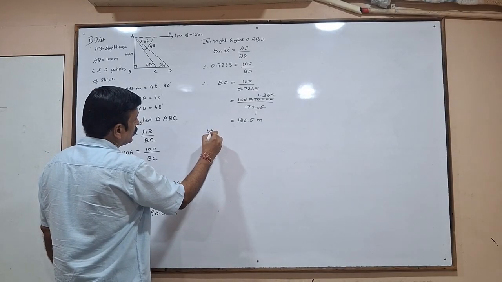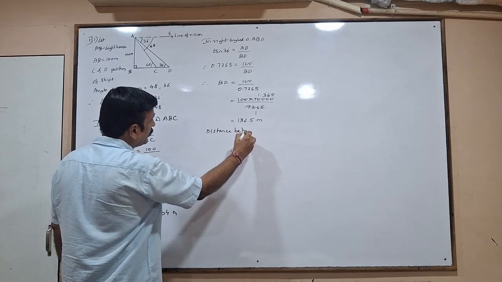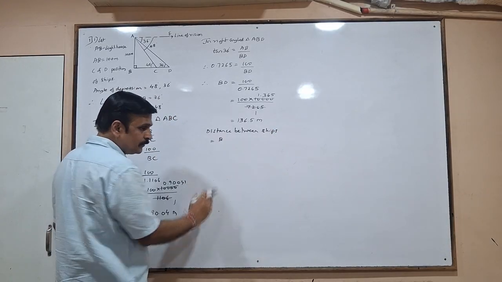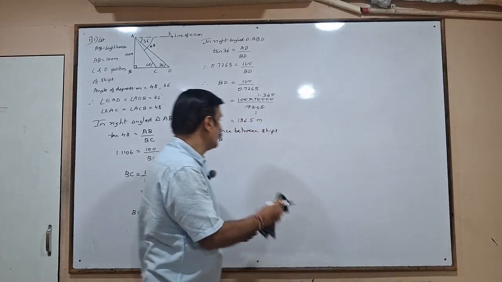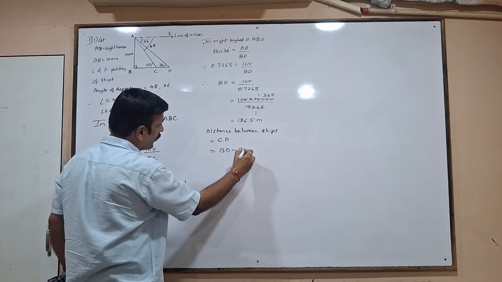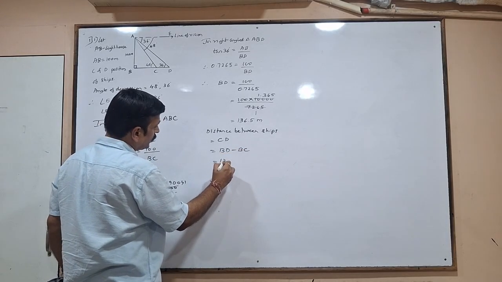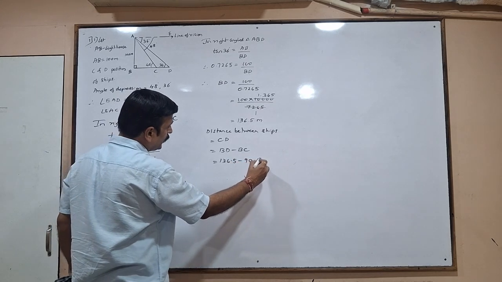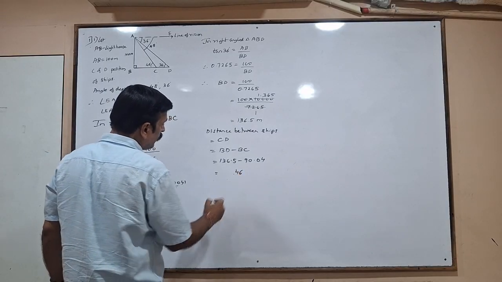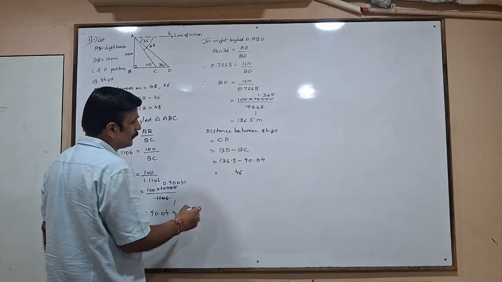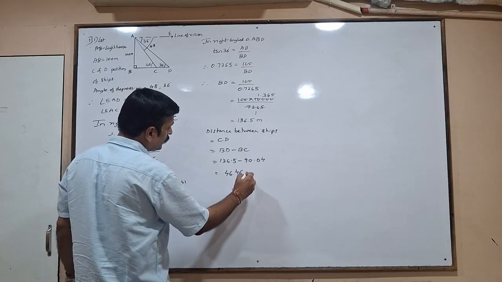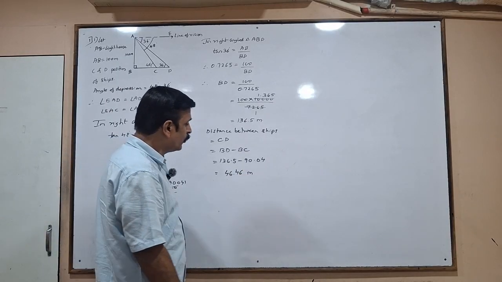What we want is the distance between the ships, which is equal to CD, which is BD minus BC, which is 136.5 minus 90.04, that is 46.46 meter.